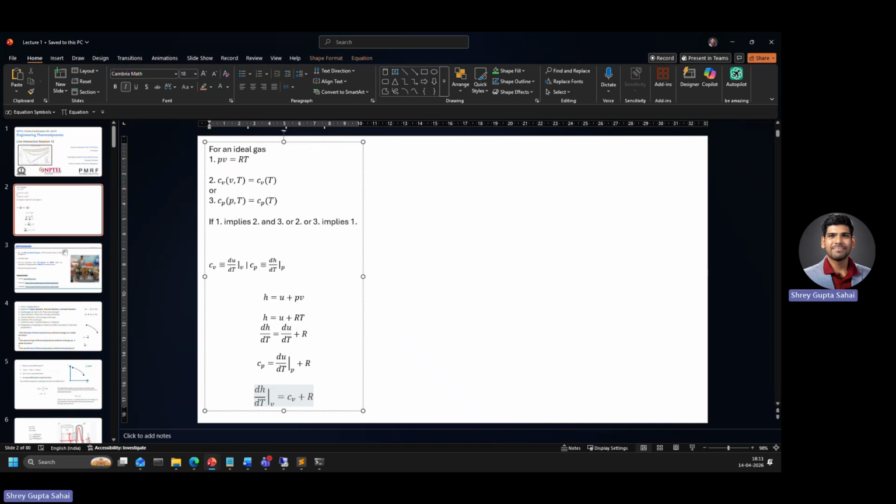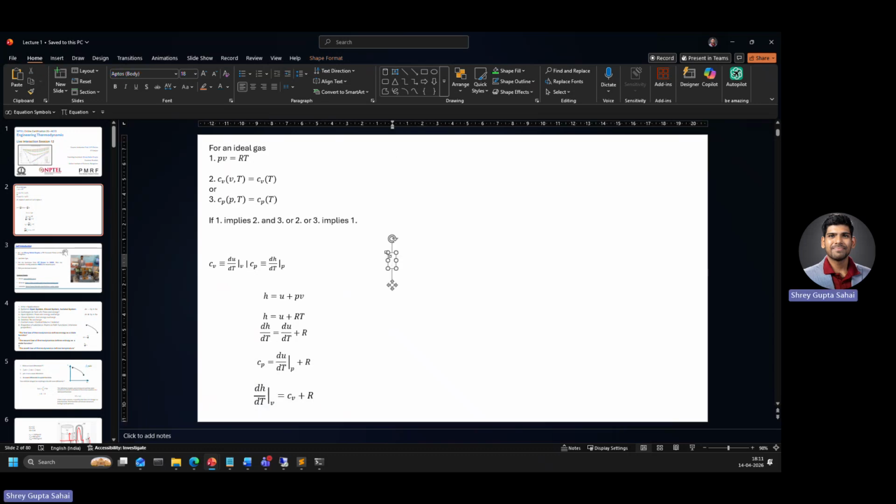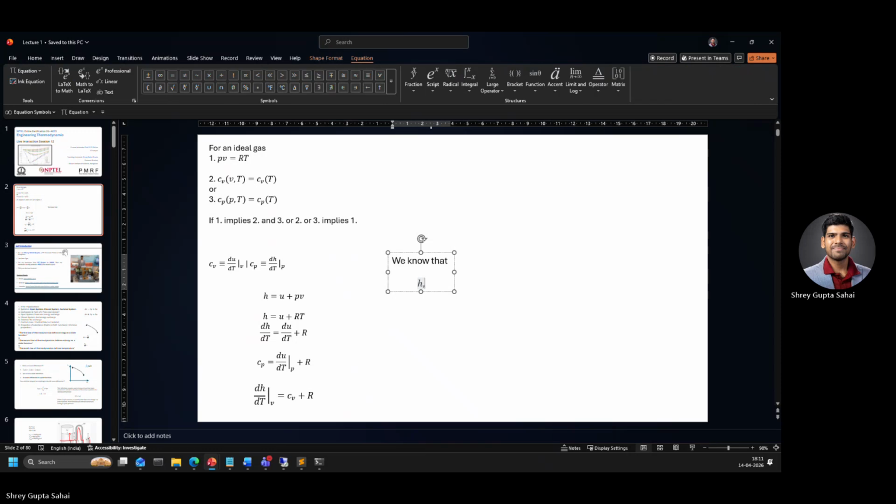Now, for an ideal gas, this is something that I'm writing extra. This is not given to us. We know that H and U are H of T and U of T. So in that case, it is simply du by dt.